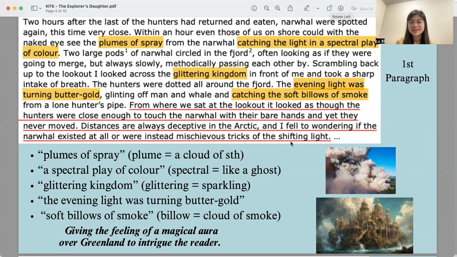What do you feel about reading this sentence? The author is trying to say the hunters were trying to reach out to something that seems to be there, but seems not to exist at all.